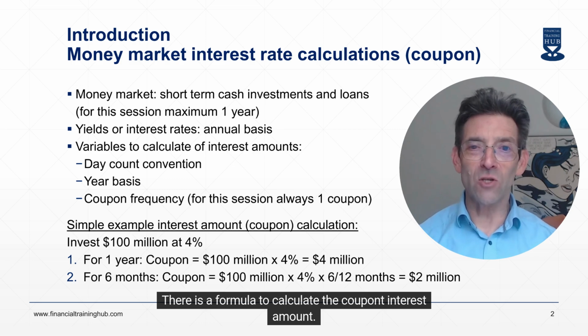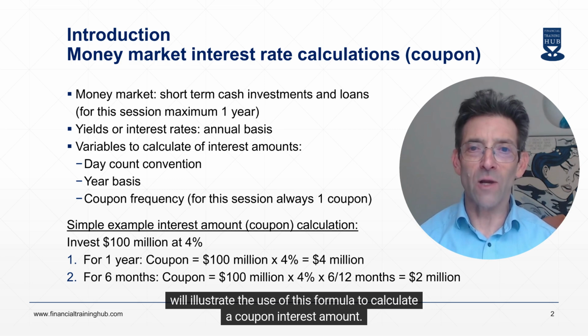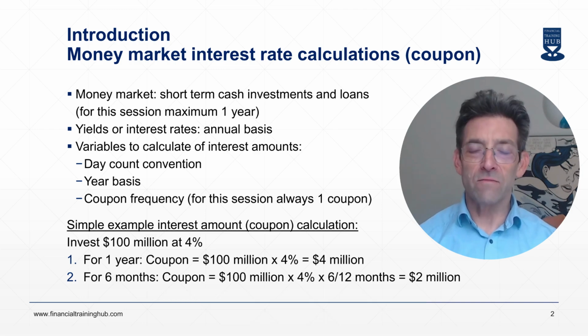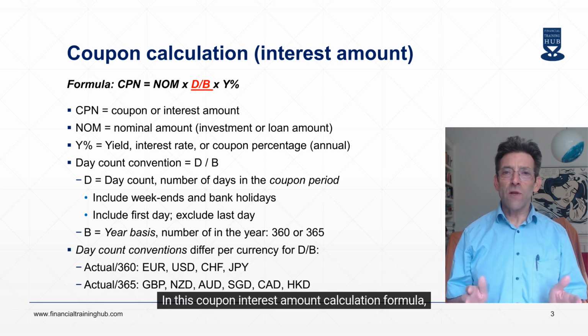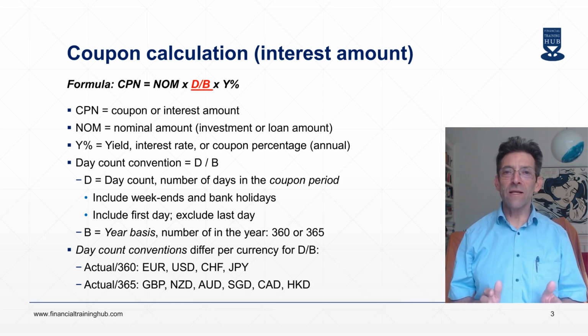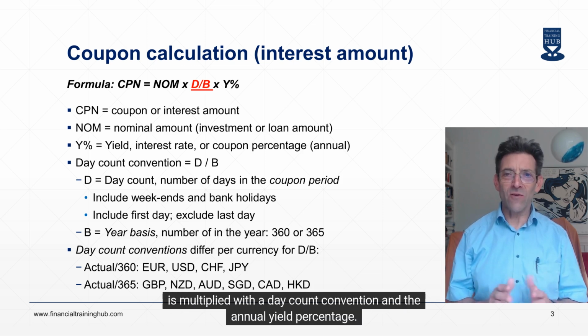There is a formula to calculate the coupon interest amount. Next example will illustrate the use of this formula to calculate a coupon interest amount. In this coupon interest amount calculation formula, the nominal investment or loan amount is multiplied with a day count convention and the annual yield percentage.